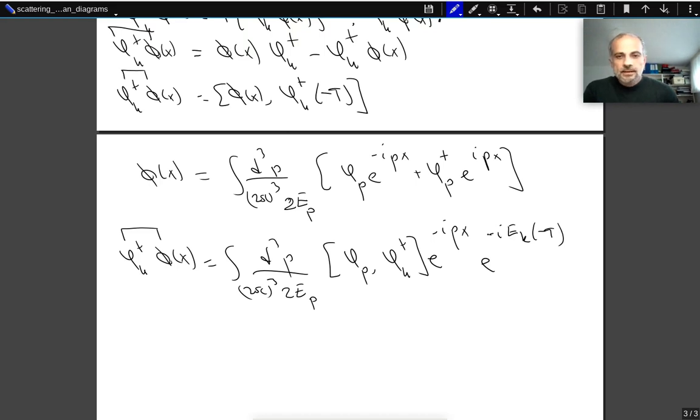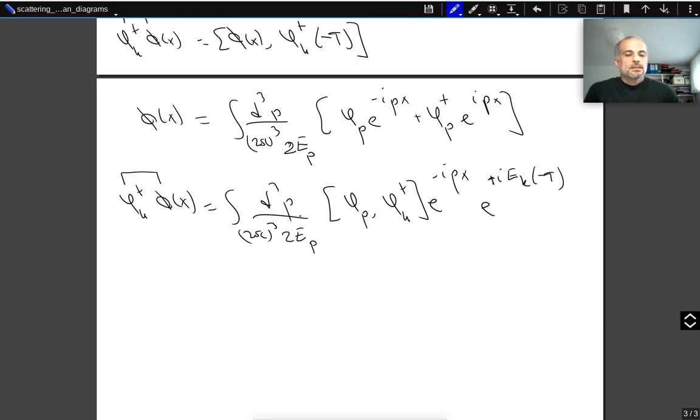Now since at this dagger we have a plus sign. So this commutator, we had already studied it, it is just 2 pi cubed times the three-dimensional Dirac delta of p minus k. And so in this field, this is square root of 2 E_p.